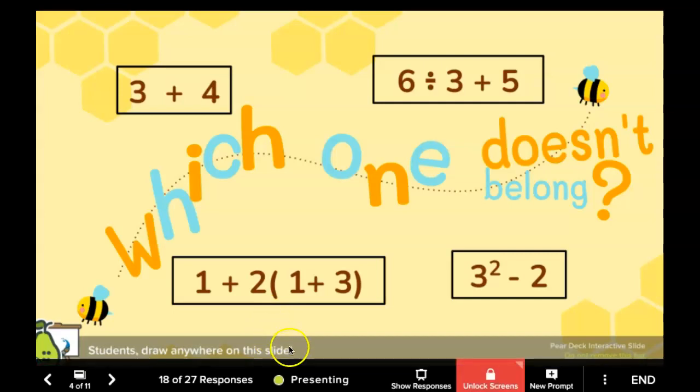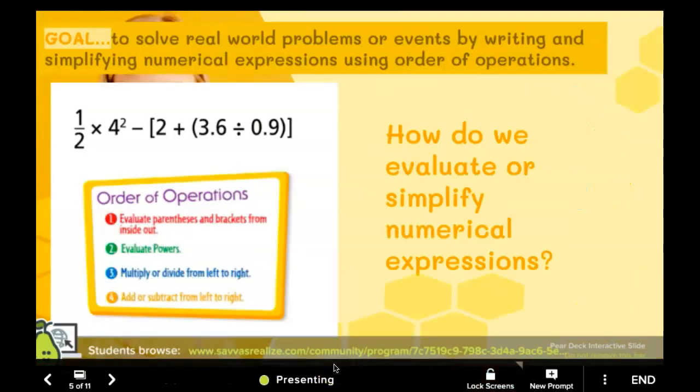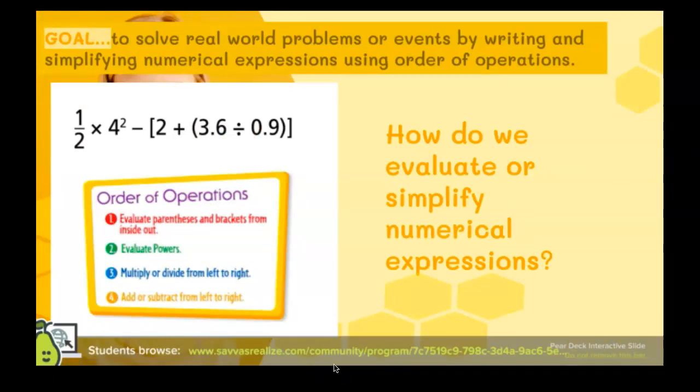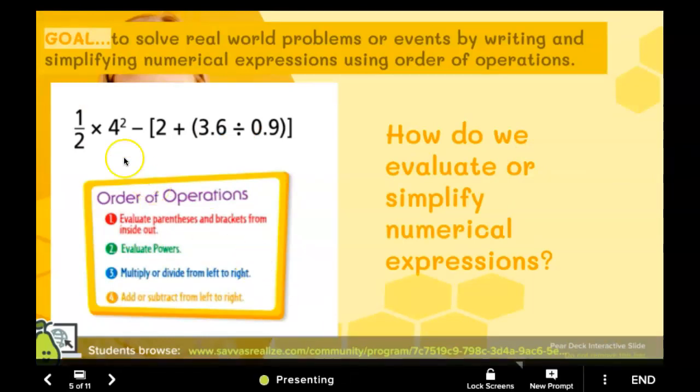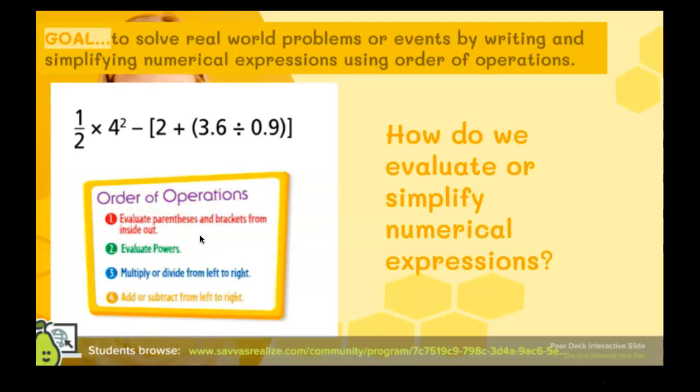Let's go to the next one. So we're still on the same topic. If you look at the problems being given, they have parentheses, braces, exponents. So we remember order of operations. Number 1, evaluate the parentheses and braces from inside and out.